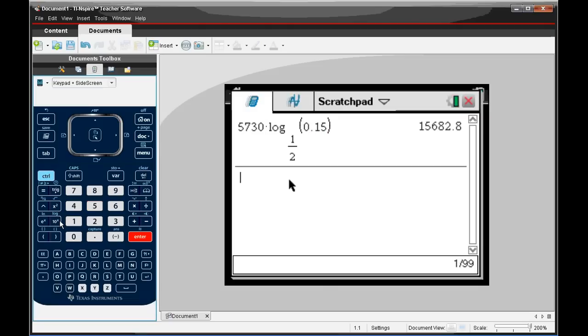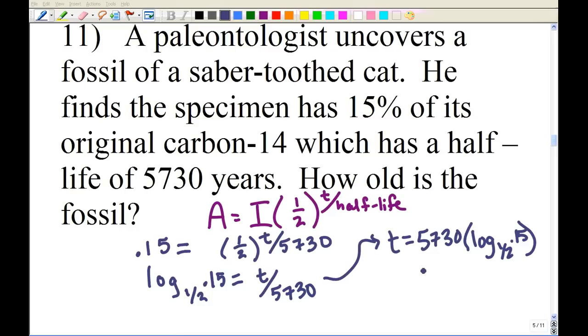Hit enter, and I get 15,682.8. So the fossil, as we just discovered, is 15,682.8 years old.